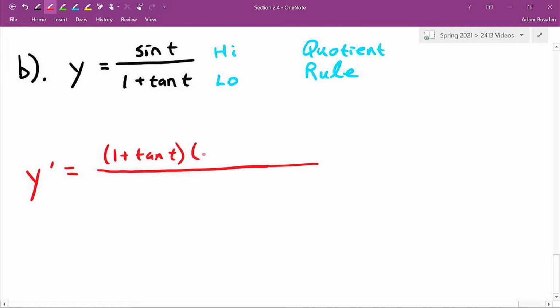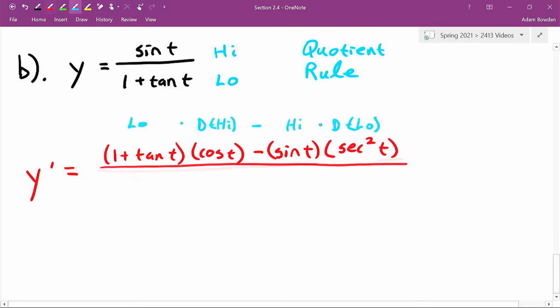Derivative of what's on top is cosine t, minus high sine t, d low. Derivative of the 1 plus tangent t. Derivative of 1 is 0, and the derivative of tangent, we look back, is secant squared t. All over the square of what's below. So the square of what's below would be 1 plus tan t all squared.